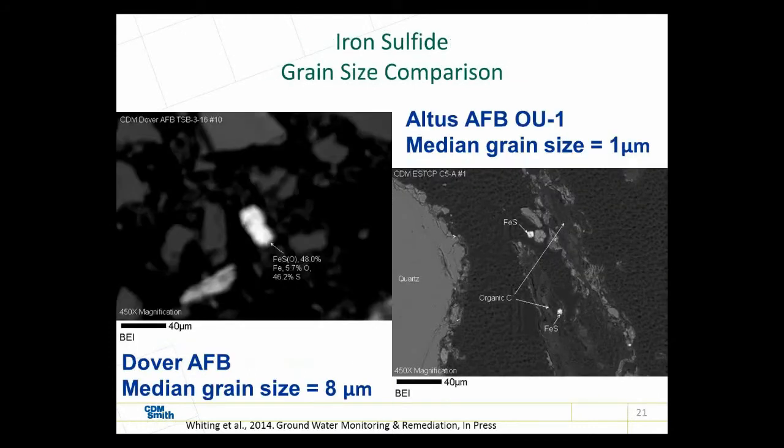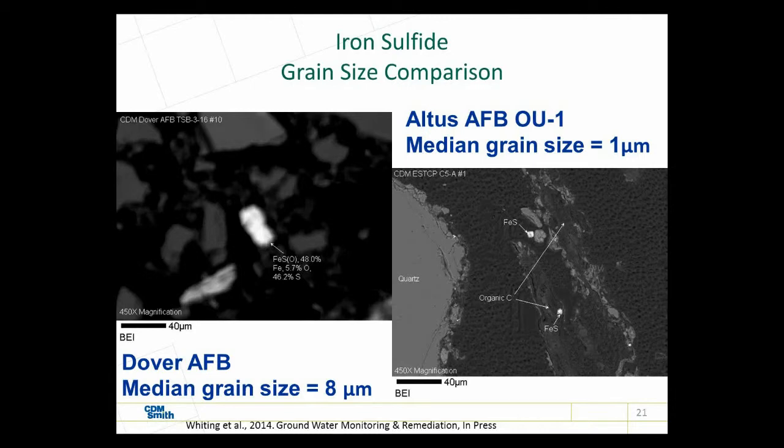Now, we can also take a look at the grain size of these different minerals. If we take a look at Dover Air Force Base compared to Altus Air Force Base, we find that the iron sulfides at Altus have a median grain size of about 1 micron, whereas at Dover Air Force Base, it's more on the order of about 8 microns, and it also has some oxide coatings.